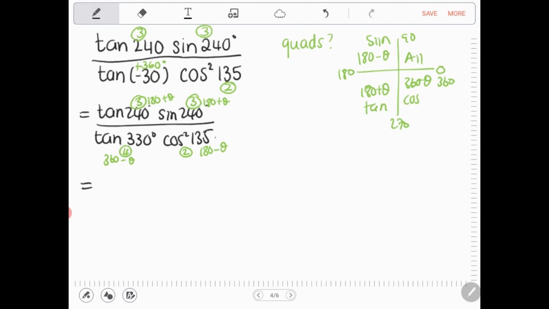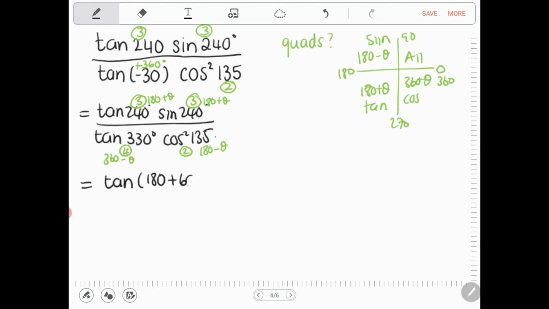All right, so tan of 240, we're going to rewrite. Tan of 180 plus what? 60. That gives me my 240. Sine, also 180 plus because it's third quadrant, so 180 plus 60. Tan of 330. Quadrant 4 says 360 minus what?